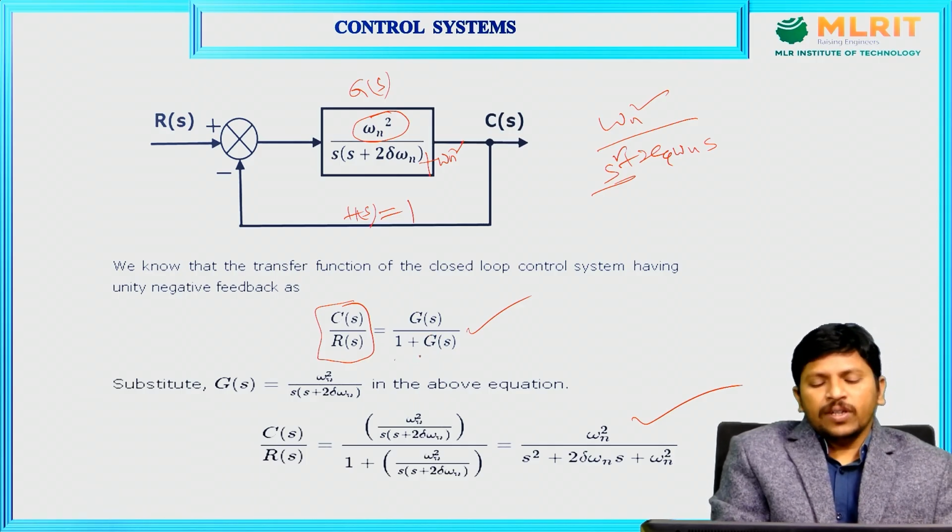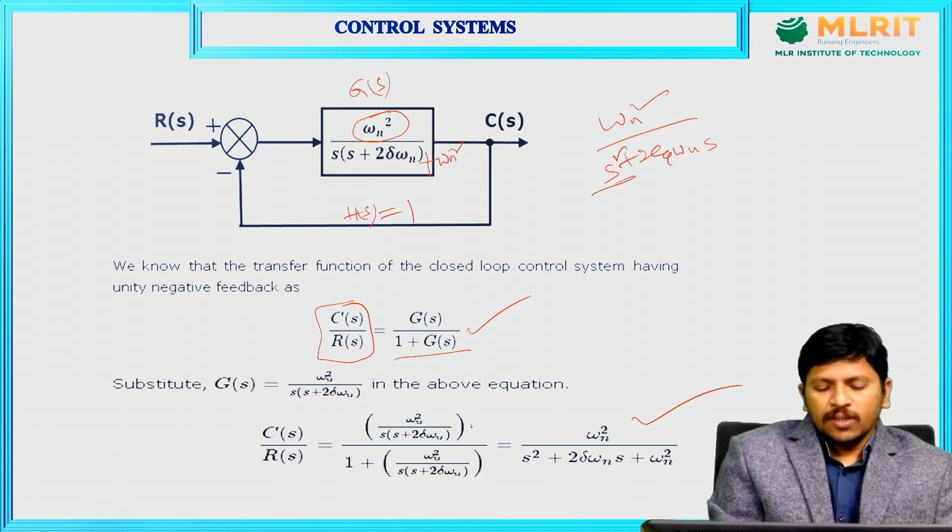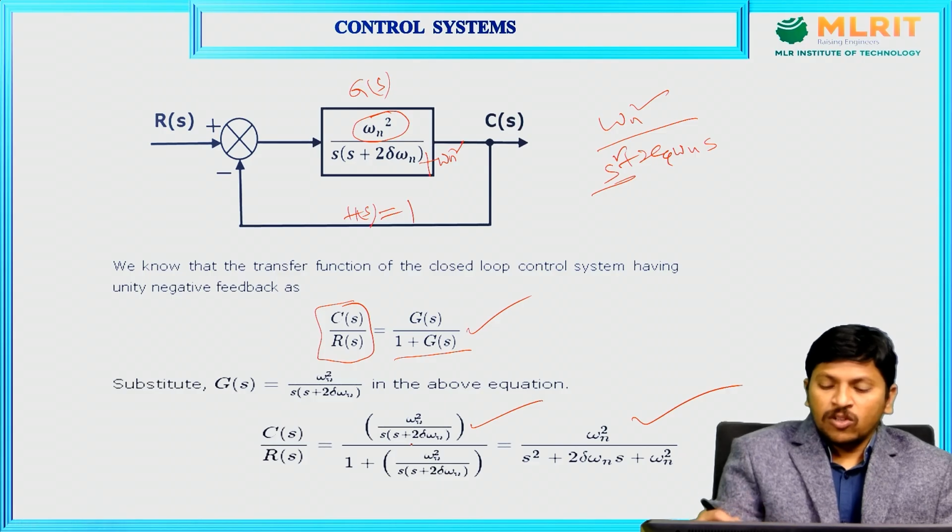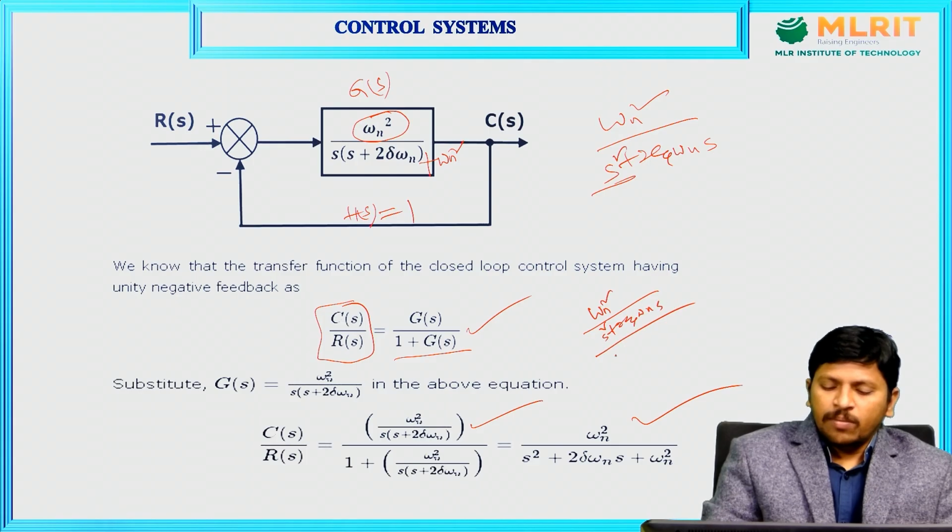Substituting G of s and solving, we get omega n square divided by s square plus 2 zeta omega n s, divided by 1 plus omega n square divided by s square plus 2 zeta omega n s.